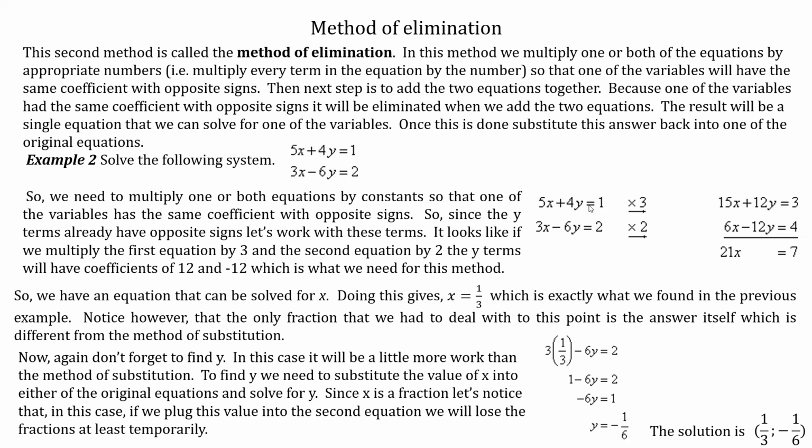3 times 5 is 15x. 3 times 4 is 12y, equal to 3. And multiplying by 2, we get 6x minus 12y, equal to 4. So we have equations that can be solved. Here we take the coefficients 12 and negative 12, which we need for this method.